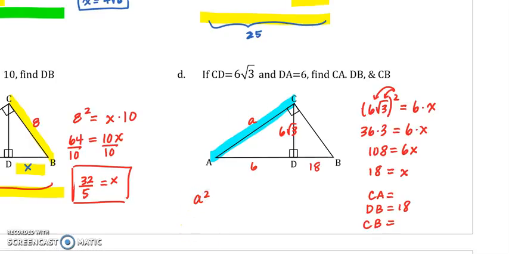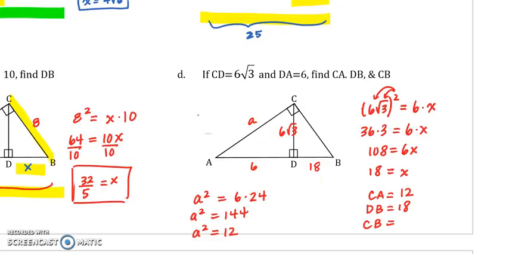Slide squared A equals, good thing I have these other side lengths, walk times walk. So in this case, I'm going to get a 6. Make sure you don't do 6 times 18. The full walk is actually 24. All right, 6 times 24 is 144. That's kind of nice. All right, perfect square. So A equals 12. So now we found CA to be 12.